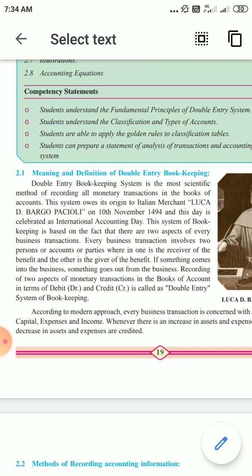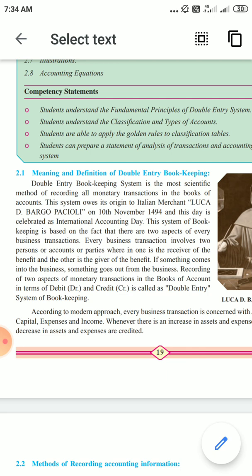And this day, 10th November of every year, is celebrated as International Accounting Day, because on this day, 10th November 1494, he brought into existence the double entry system of accounting.